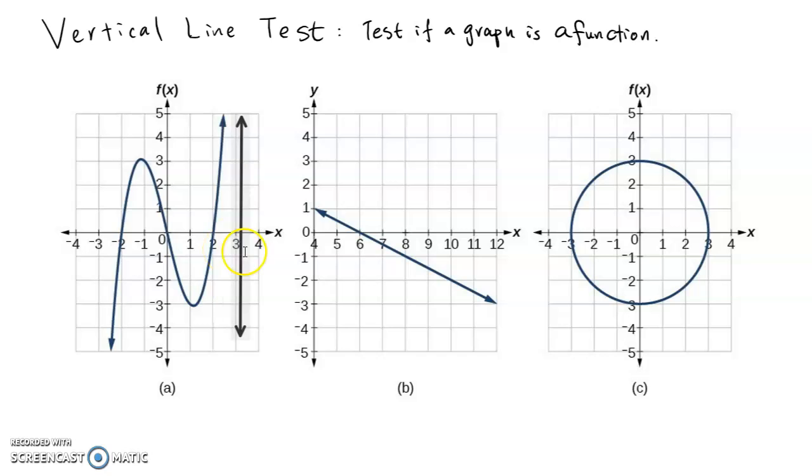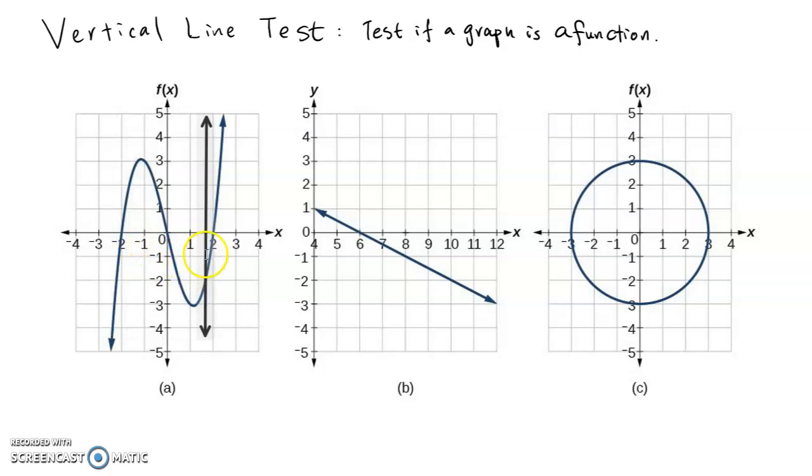And if anywhere this vertical line is intersecting the graph at more than one point, then that graph does not represent a function. But if the vertical line is intersecting the graph at most one point anywhere, then it is a function.